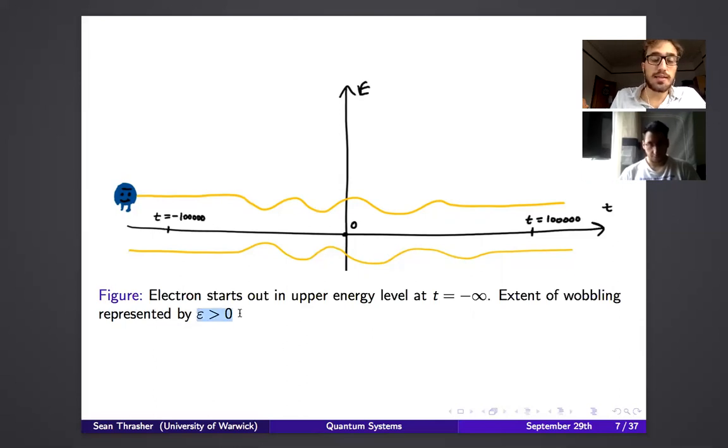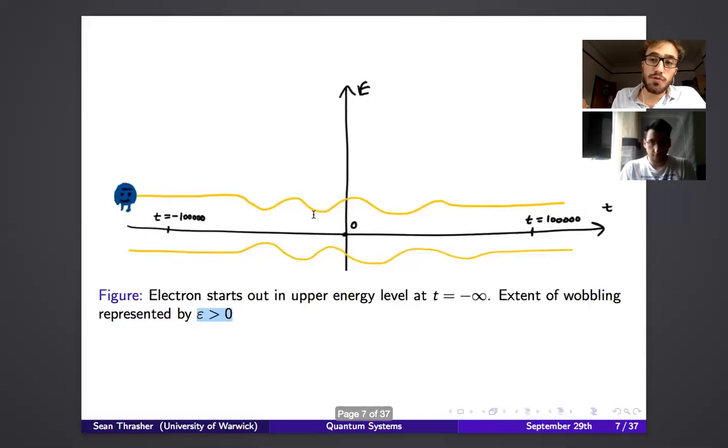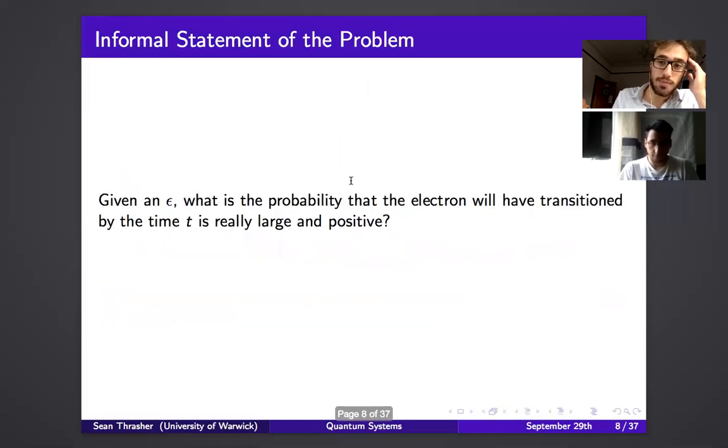We can represent how much this wobbling happens, the extent of this wobbling, by a positive number epsilon. Now, my project asks, how does this probability depend on epsilon? Of course, the smaller epsilon is, the smaller wobbling you've got, and the smaller the probability is going to be. But let's try and find a more precise relationship and quantitatively figure out the probability.